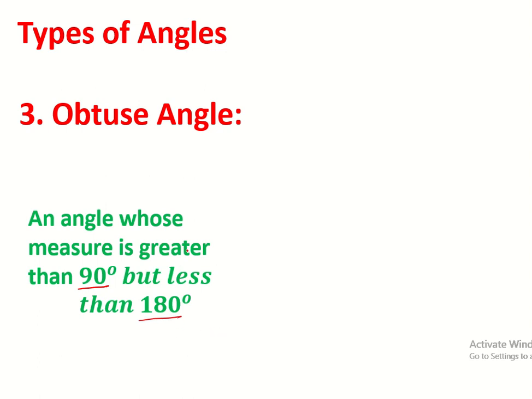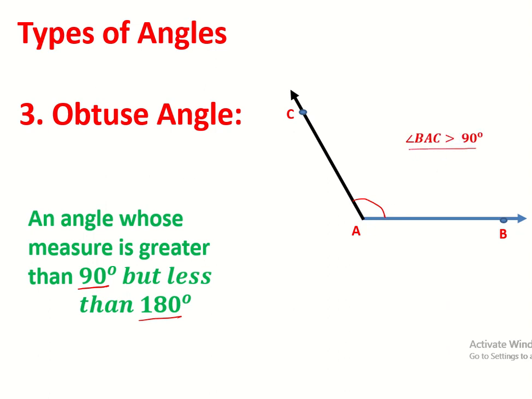That means its measure is greater than 90 degrees but less than 180 degrees. Just like here, this angle BAC is greater than 90 degrees but less than 180 degrees. So this angle BAC is an obtuse angle.